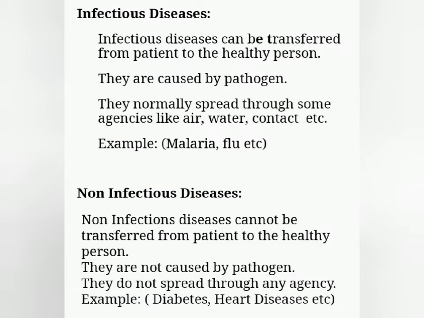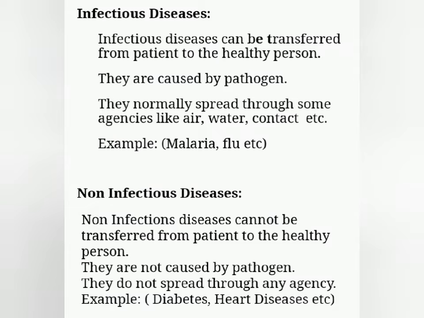Now, what are infectious and non-infectious diseases? Of course, infectious disease can be transmitted from a patient to a healthy person, and all are caused by pathogens. A recent example is COVID, because we are suffering from the pandemic situation due to coronavirus, which is the best example of an infectious disease right now.